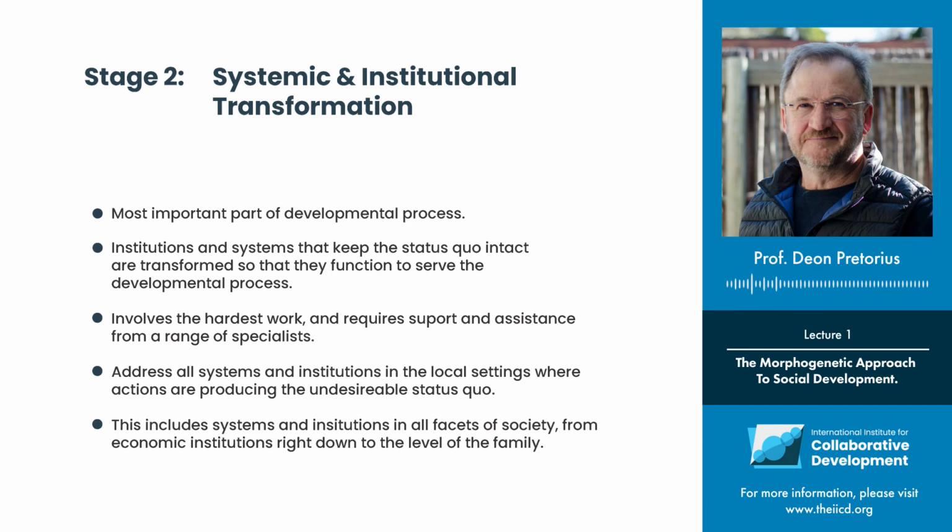And when we talk about institutions and systems, we really talk about all the relevant systems and institutions, relevant in the sense that being the sites, the localities within a societal system where the unwanted status quo is being produced and reproduced. It happens within the family, it happens within the health system, the education system, the economy, the political system, sport, recreation, art, culture, media.